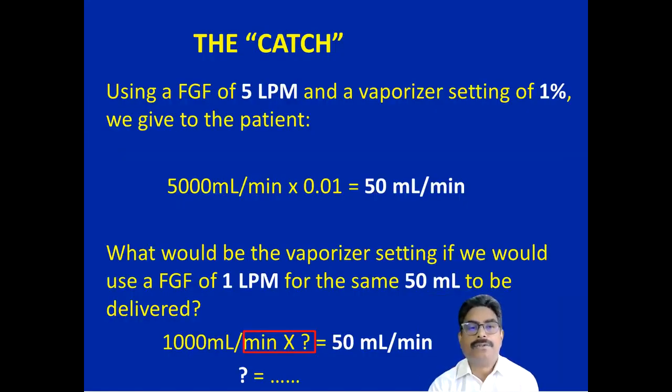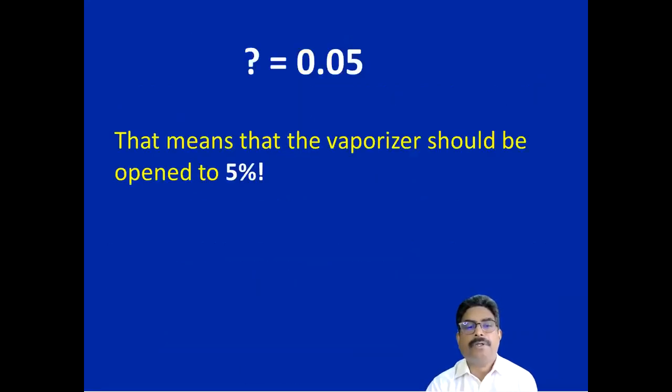So the catch is, using a fresh gas flow of 5 liters and a vaporizer setting of 1%, you will get 500 ml into 0.01, which means 50 ml per minute. Suppose you are keeping 1 liter per minute, what vaporizer setting do you have to keep to get 50 ml per minute? So obviously 0.05, that is 5%.